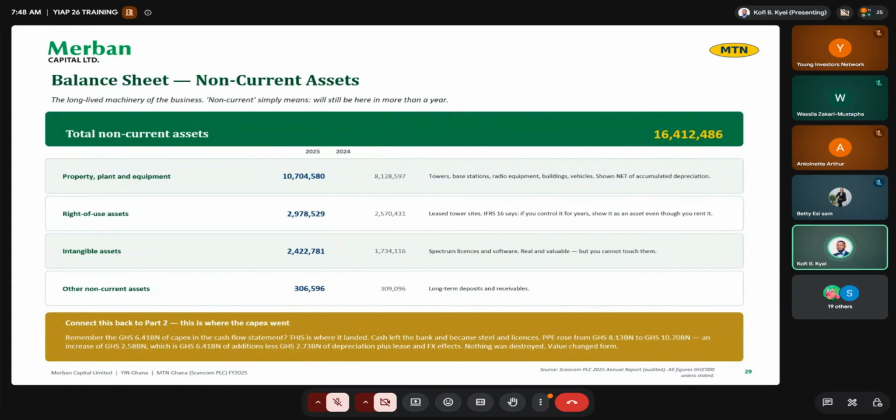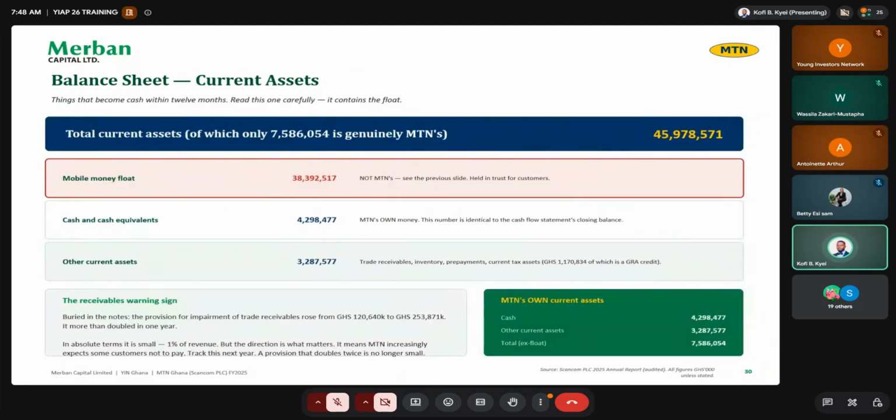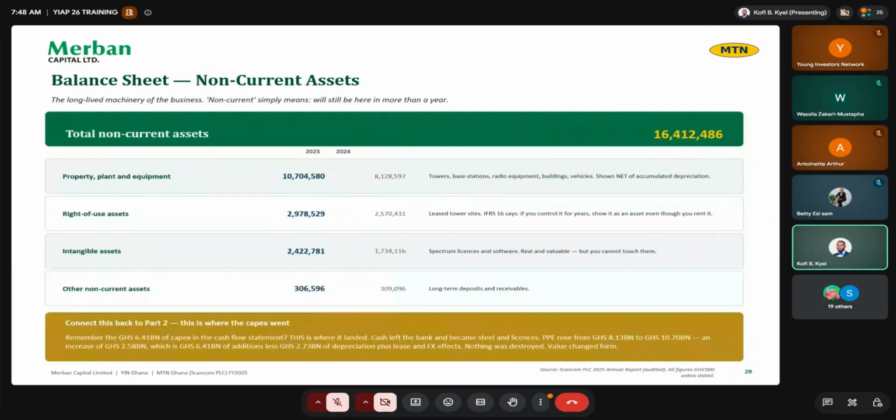But when you break it down further, you have the current and the non-current assets. Of the current assets, just 7 billion belongs to MTN. You can look at these two. These non-current assets are also assets that belong to MTN.